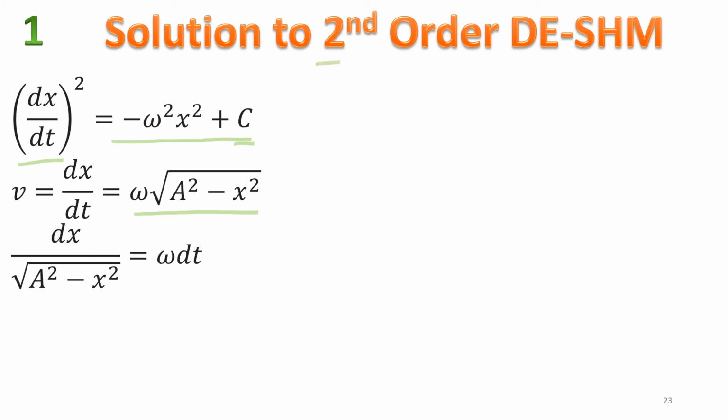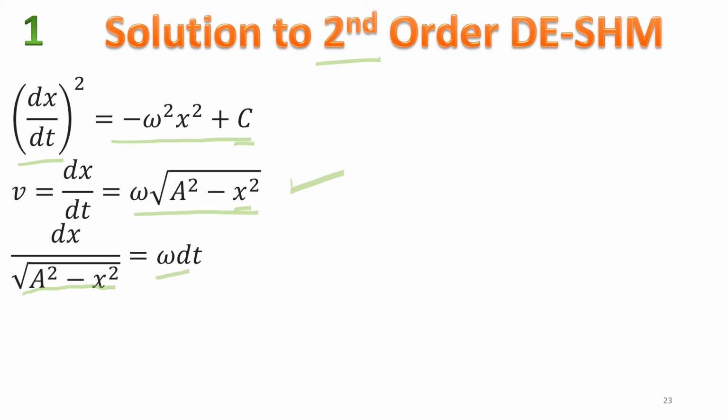We have started with a second order differential equation, and this is a first order differential equation. Now we shall separate the variables. We are using the variable separation method to handle this first order differential equation, and dx is on left hand side. We are taking terms related to x on left hand side. So dx upon under root of a square minus x square is equal to omega times dt.